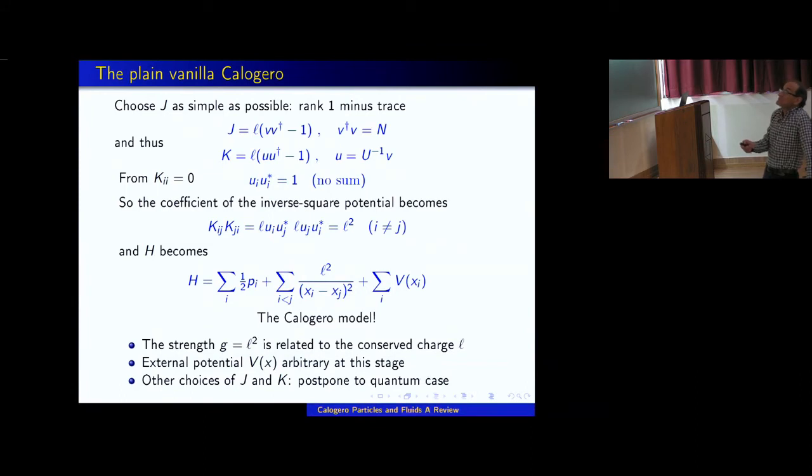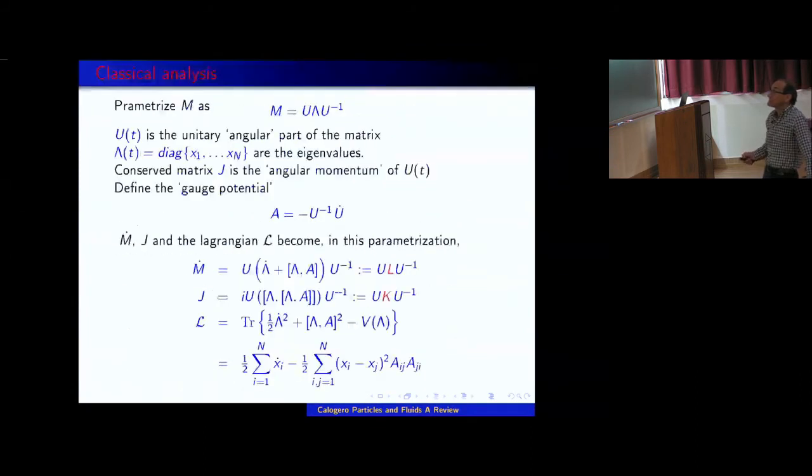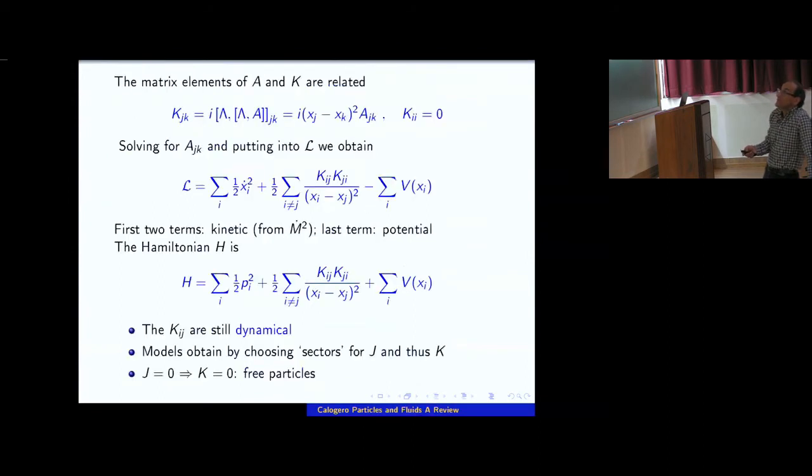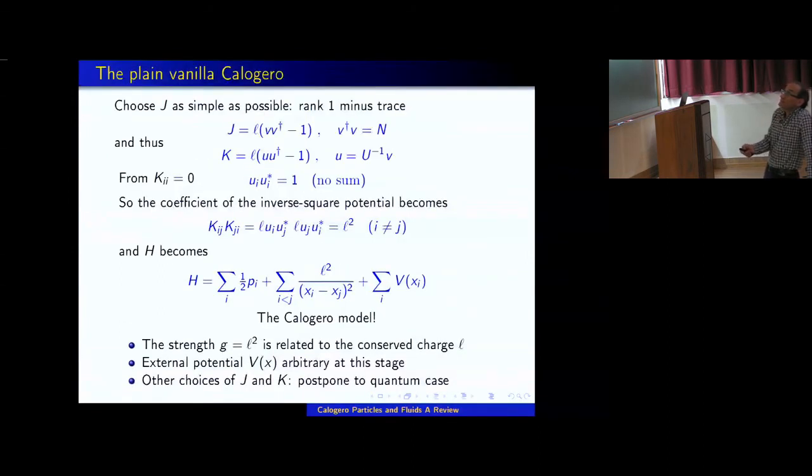Now, that's nice, because that tells us that K, which is J conjugated by this U, K is U minus 1 J U, can be expressed in terms of J itself. And the only thing that this U does is that it takes this vector V and rotates it to a different vector U. So we started with this arbitrary constant vector V. Now we end up with this other vector U, which is in general time dependent.